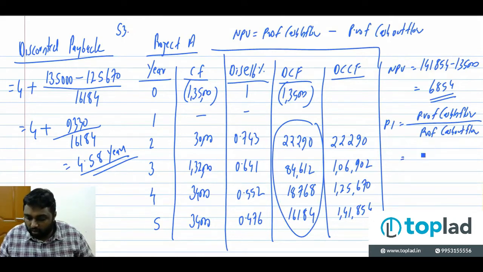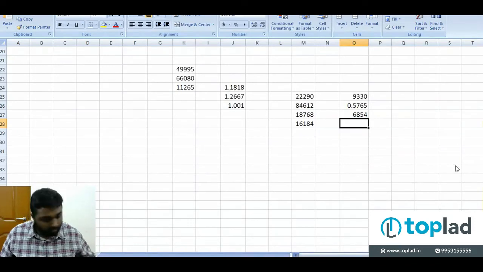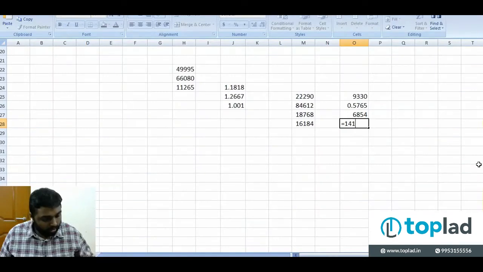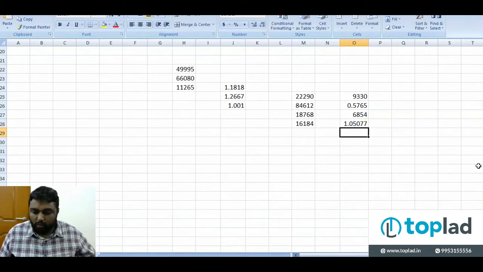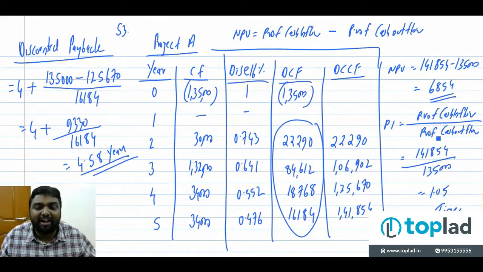What is the inflow? 1,41,854 divided by 1,35,000. 1.05 times. See how interesting. So we have completed the full calculation for project A.